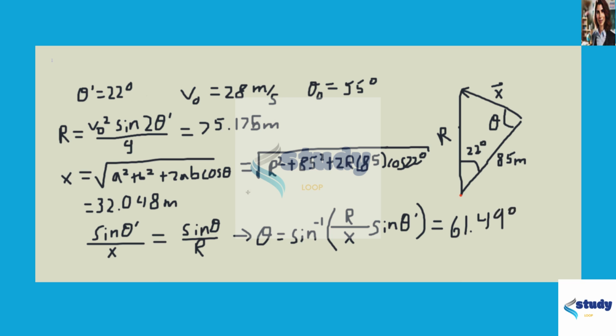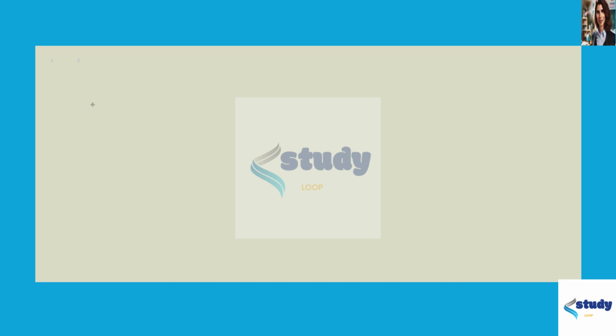Okay, and since what we are actually trying to find is the average velocity of the outfielder, we can assume that the outfielder's time for running is the same as the time of flight of the ball. The time of flight of the ball is found from the horizontal motion of the ball at a constant velocity. So we know the ball is going to travel the distance of the range, which is equal to the velocity in the x direction times the time.